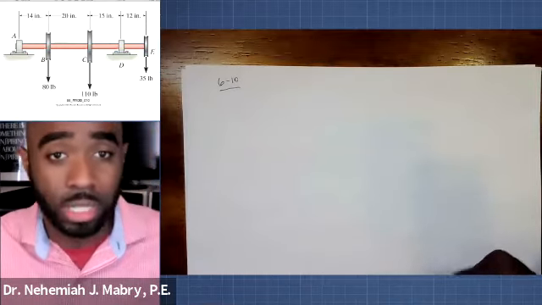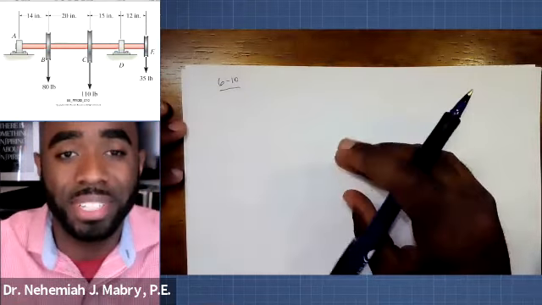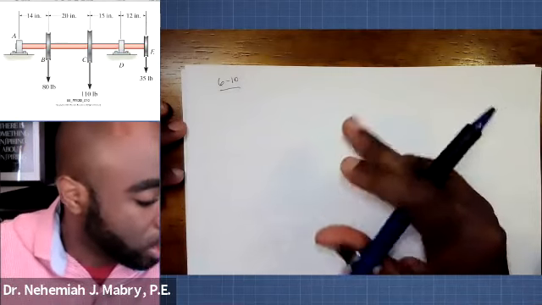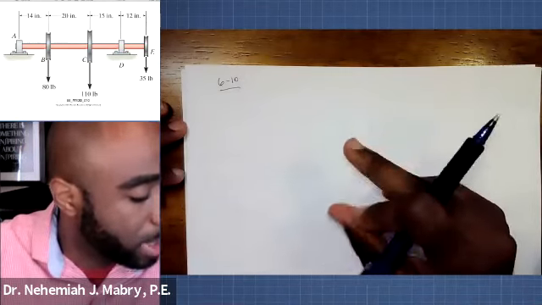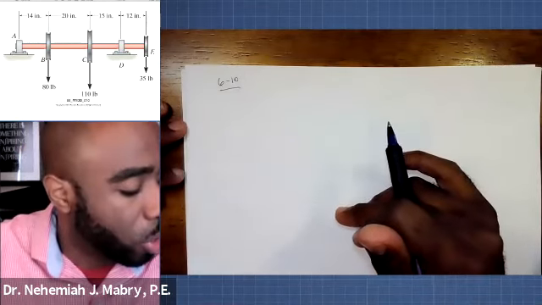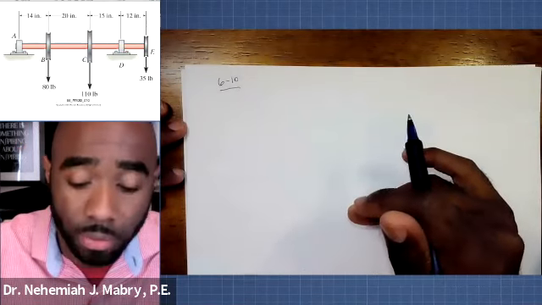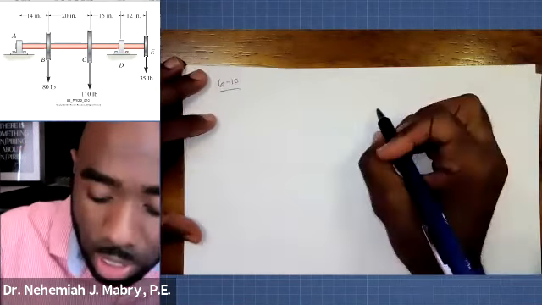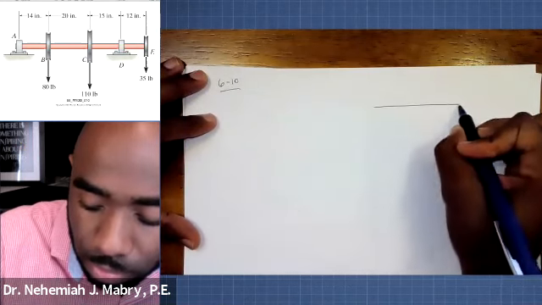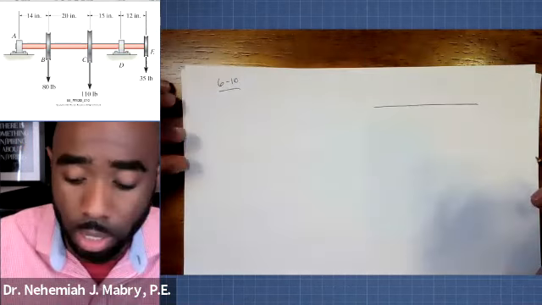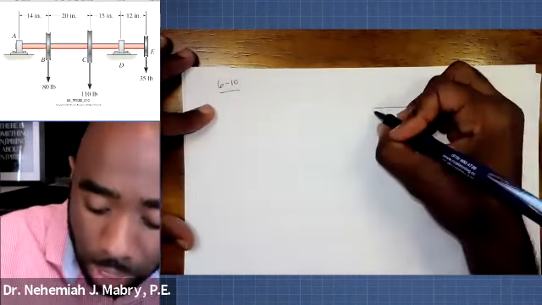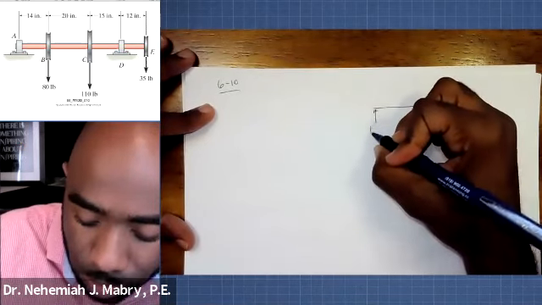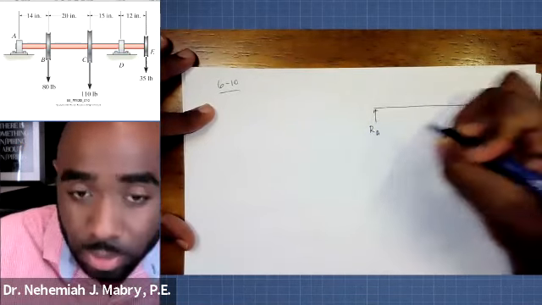So first things first, this is a bunch of concentrated loads. It tells us to draw the shear moment diagrams. The bearings at A and D only exert vertical reactions on the shaft. So let me go ahead and draw a free body diagram. Here at A, we have RA.